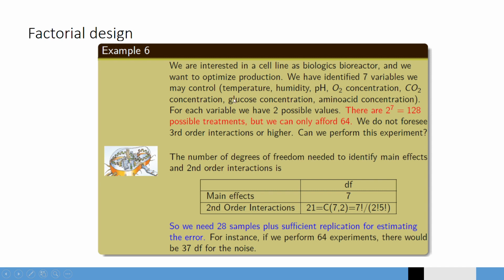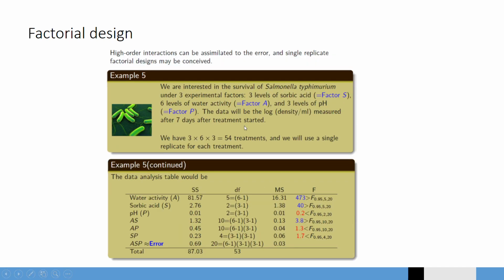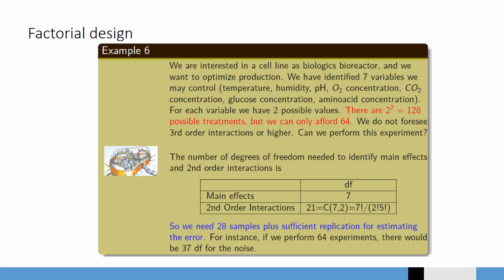For each one of the factors, you will have 2 levels. So you have a high-low temperature, high-low humidity, high-low pH, and so on. So there are 2 to the 7 possible combinations. But following this approach, where we try all combinations only once, we can reduce the number of samples. You don't have to make multiple measurements for each one of the combinations.